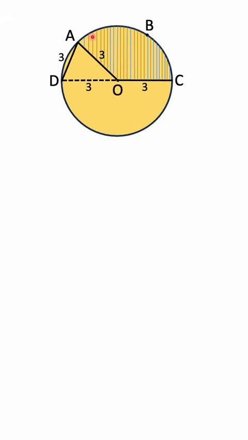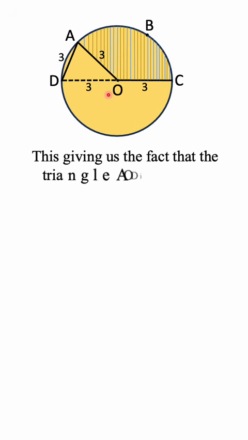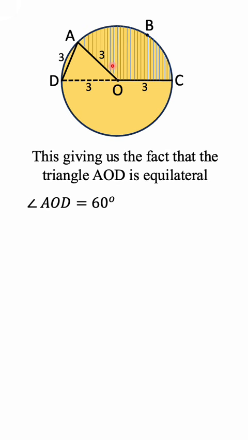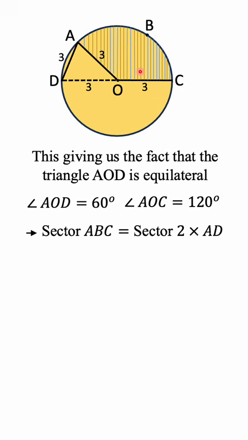Looking at this triangle, as I mentioned before, we are dealing with an equilateral triangle. So the angle here is equal to 60 degrees. As the total angle here is 180, subtracting 60 gives us 120 for this one. So the sector ABC is twice the size of the sector AD.